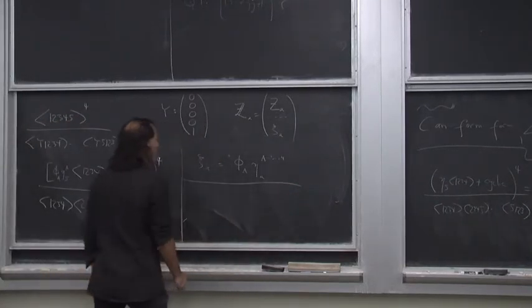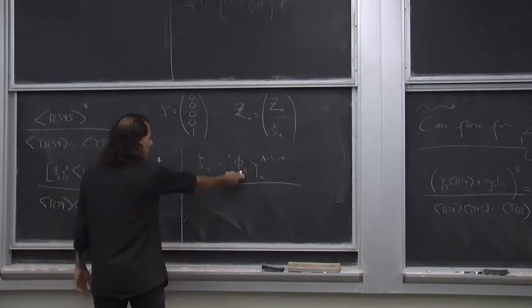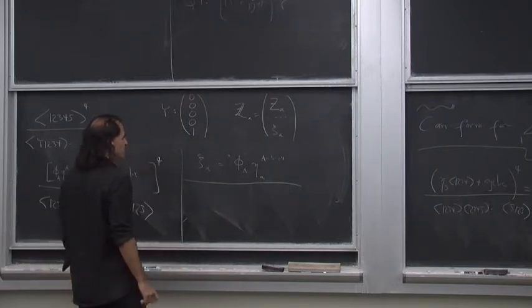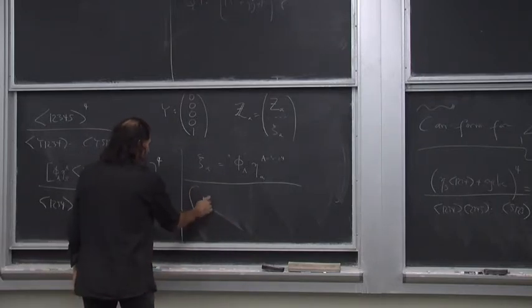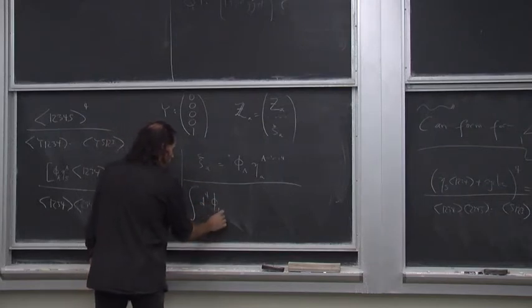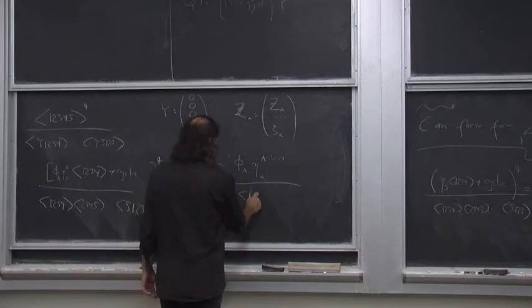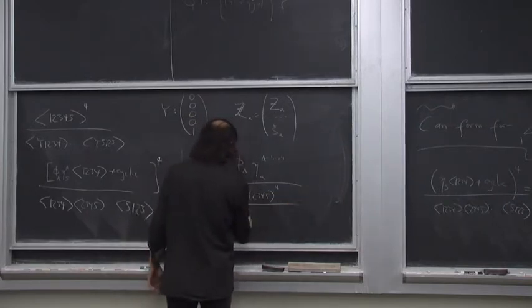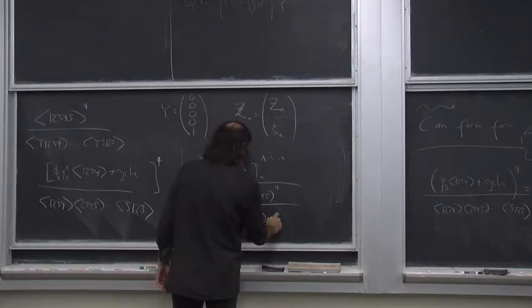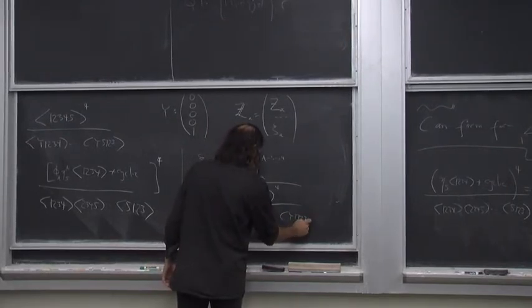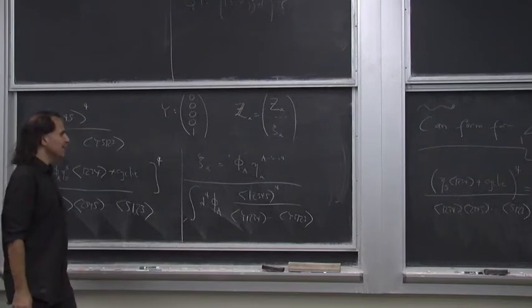But then I do the only thing I can to get rid of these Grassmann variables phi: I Grassmann integrate over them. So if I do d4 phi a of this 1, 2, 3, 4, 5 to the 4th over y 1, 2, 3, 4 up to y 5, 1, 2, 3, that is the R invariant.